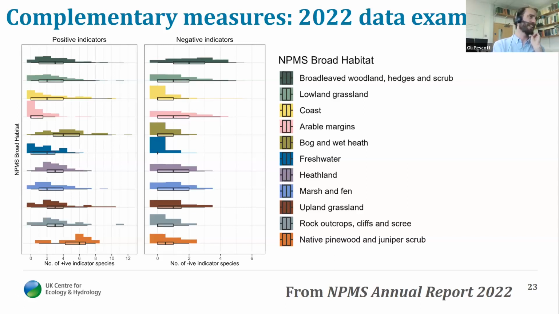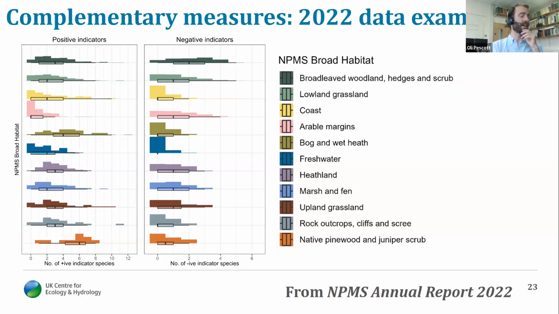You can see that by the distribution of plots projecting out in a similar way, but maybe it's not greater, it's approximately equal. Whereas in most of the other cases, if not all of them, the number of negative indicators per plot that have been recorded tend to be fewer. Sometimes it's quite a striking difference. So with native pine wood there, you tend to have always more positive indicators than negatives per plot.